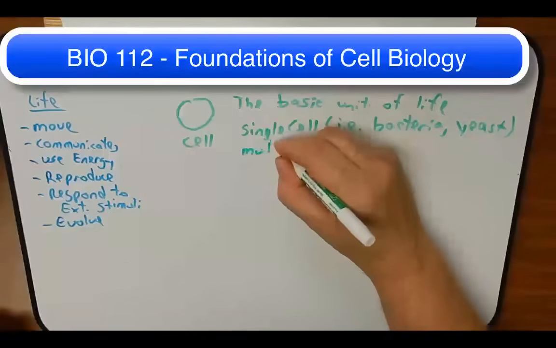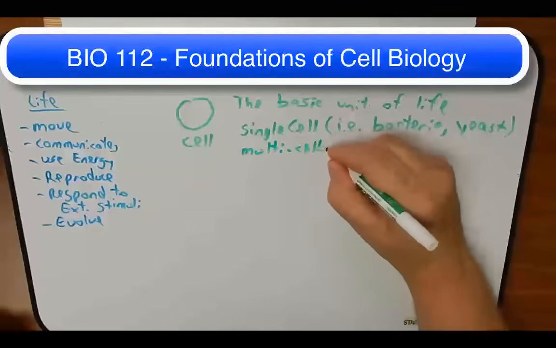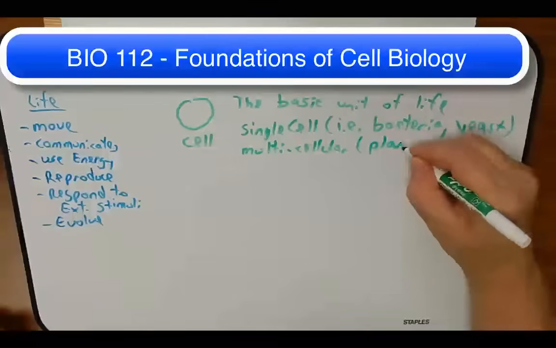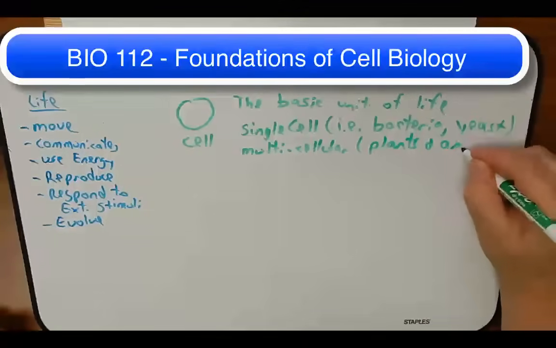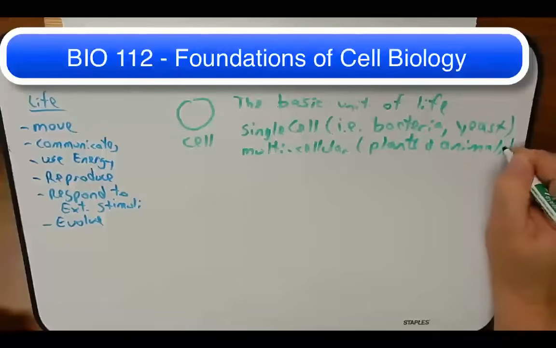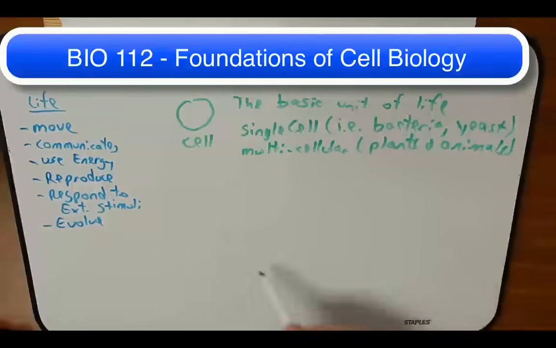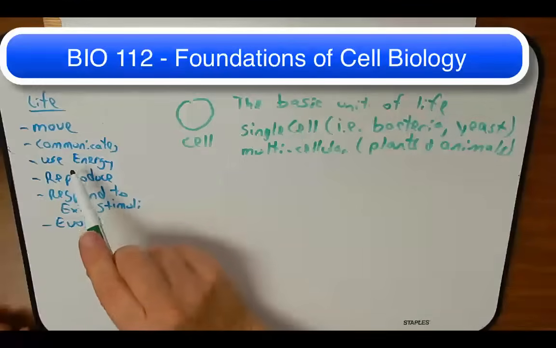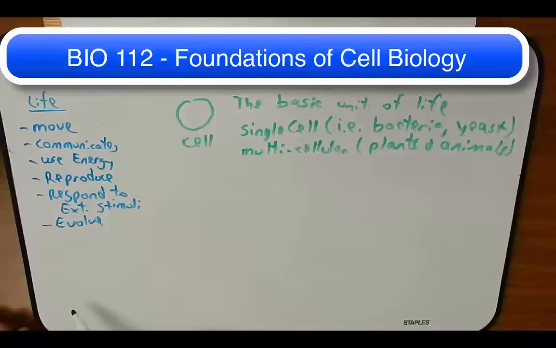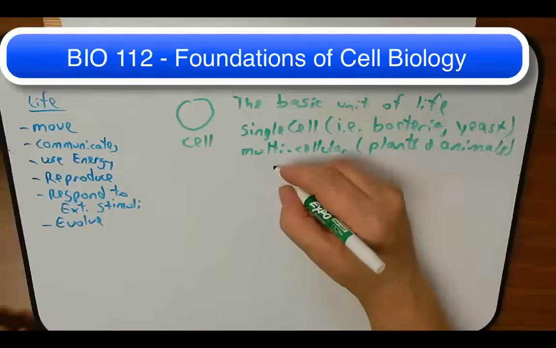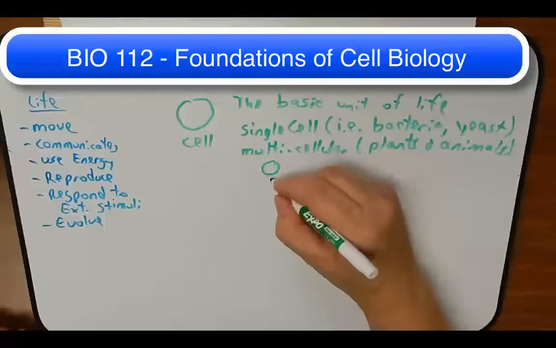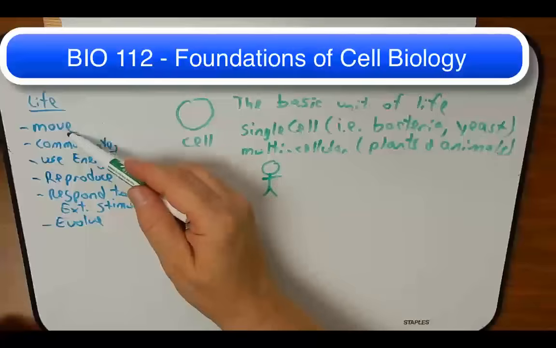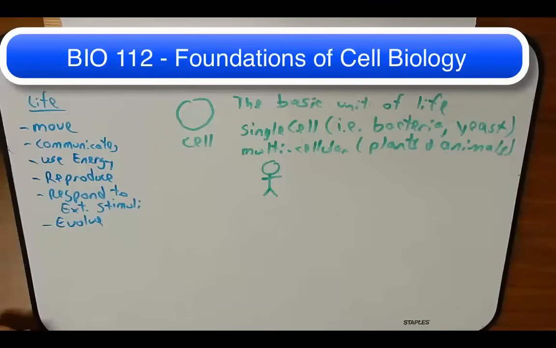If you're studying multicellular organisms, and we're primarily going to think about plants and animals in this class, understanding how this single cell in a multicellular organism moves, communicates, uses energy, reproduces, responds to stimuli, and evolves, then we understand, or at least we step towards understanding how a multicellular organism as a whole carries out these life characteristics.